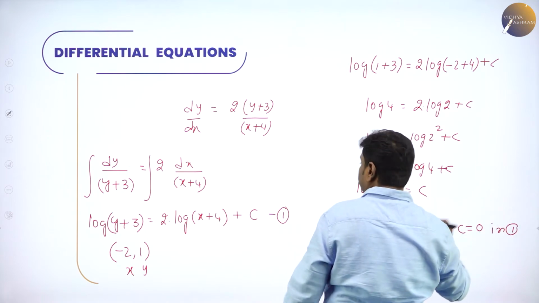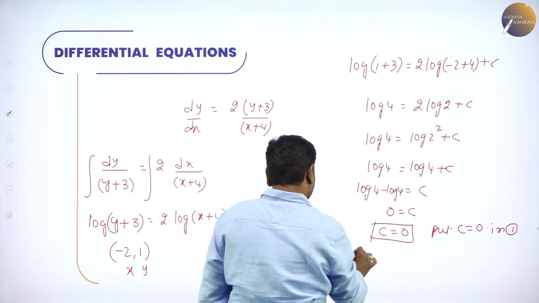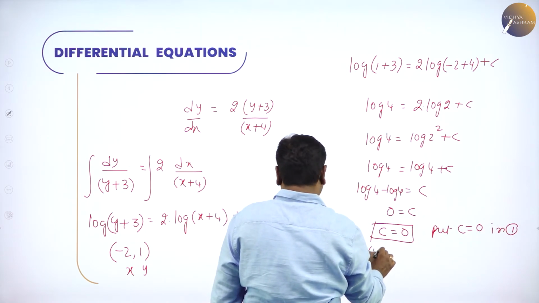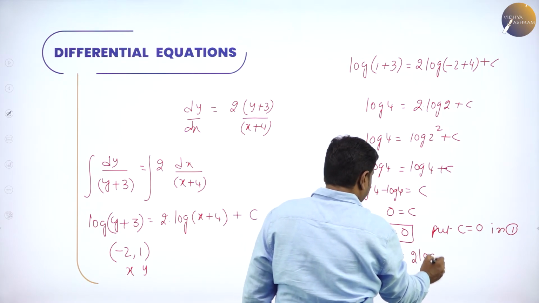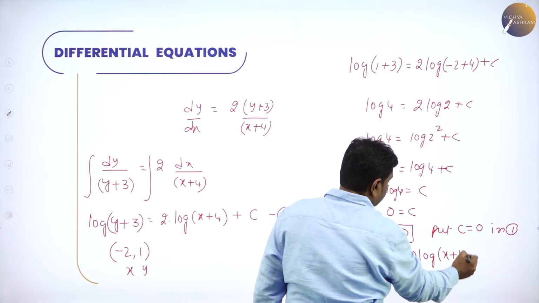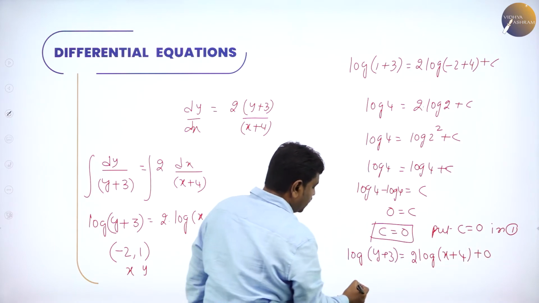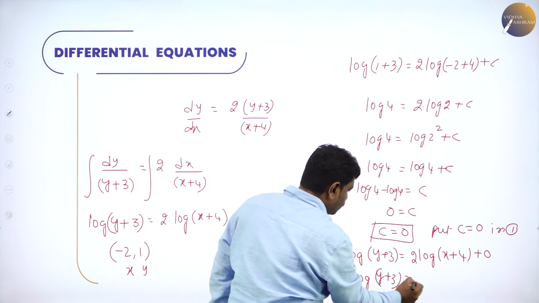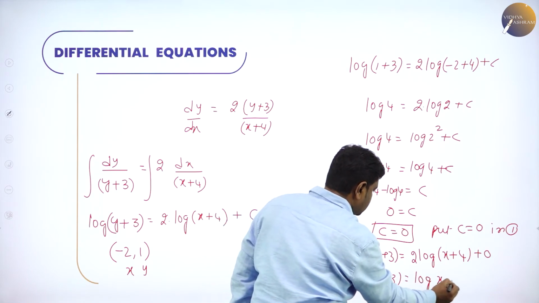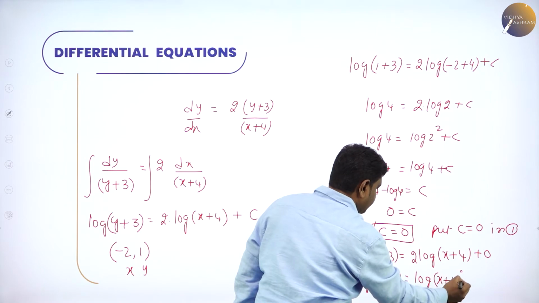So now equation 1 becomes what? Log of (y plus 3) is equal to 2 times log of (x plus 4) plus 0. Now rearrange. So it will become log of (y plus 3) is equal to log of (x plus 4) the whole square.